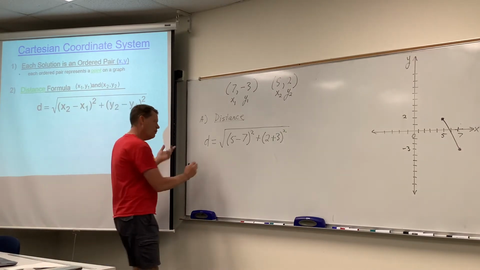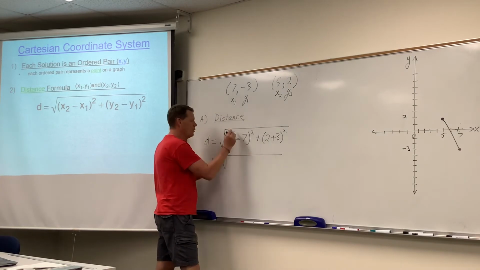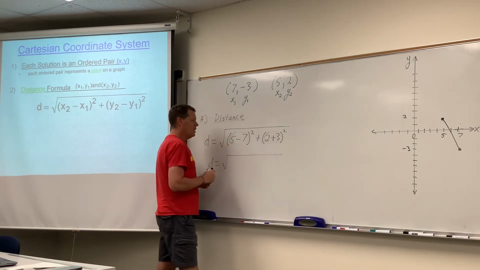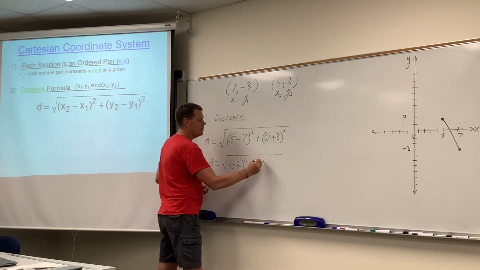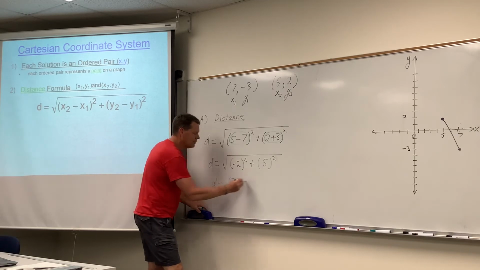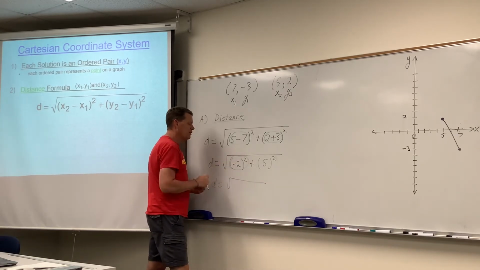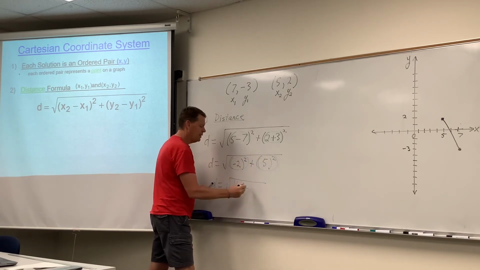All right, moving on from there, we do the order of operations. So we do what's in the parentheses. So 5 minus 7 is negative 2. And 2 plus 3 is 5. And continuing on, negative 2 squared is 4. And 5 squared is 25.